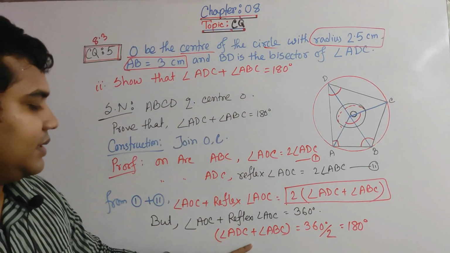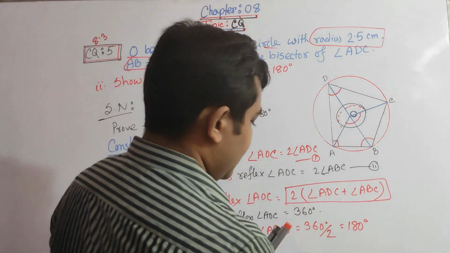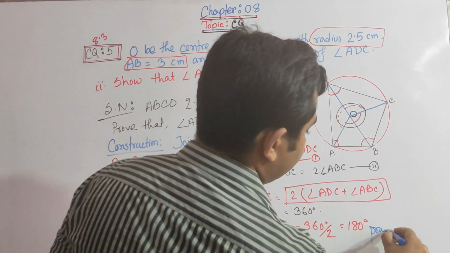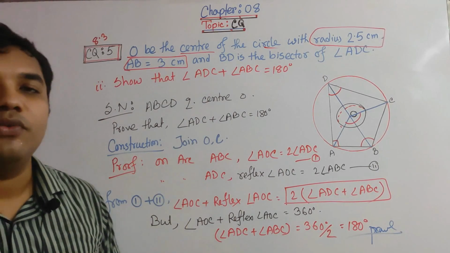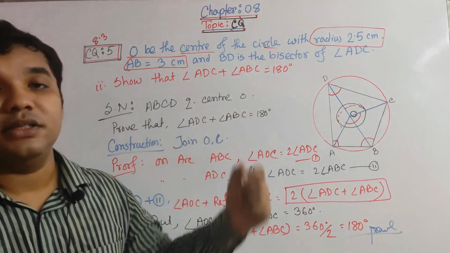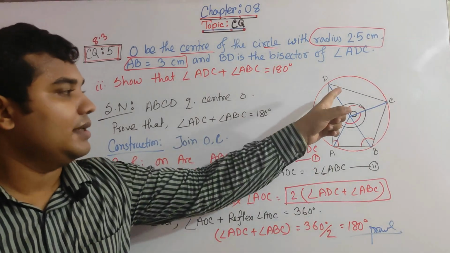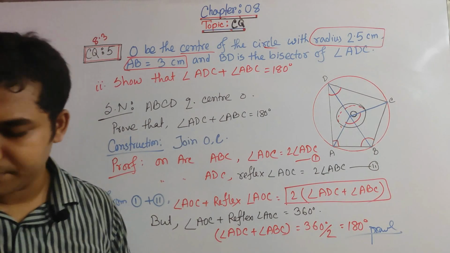So ADC plus ABC is equal to 180 degrees, and that is our required result. Clear? We are using just one formula, that the central angle is twice the inscribed angle. Clear?